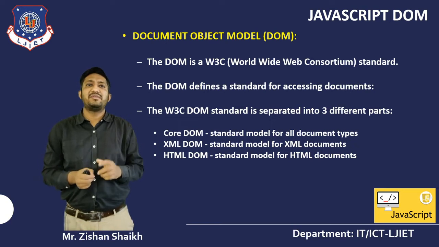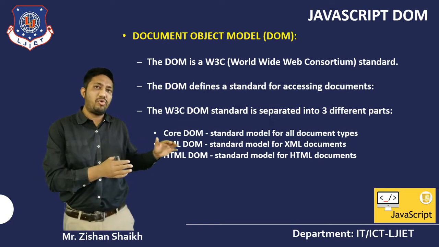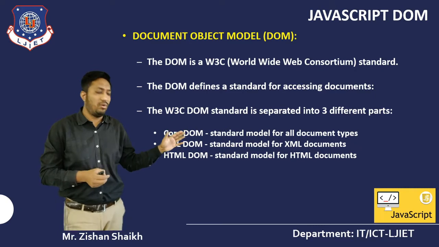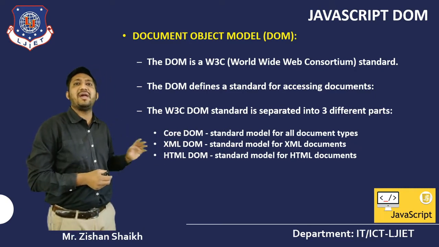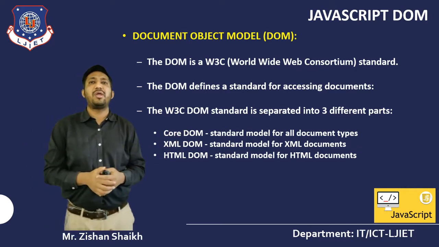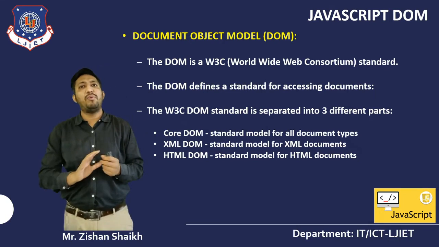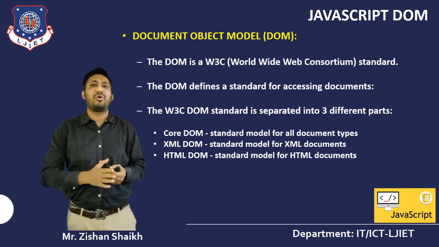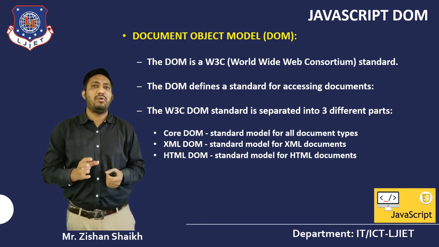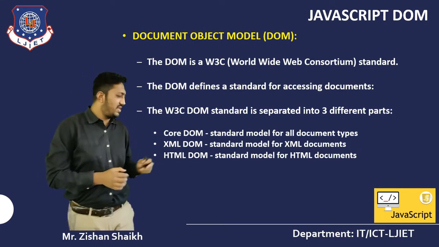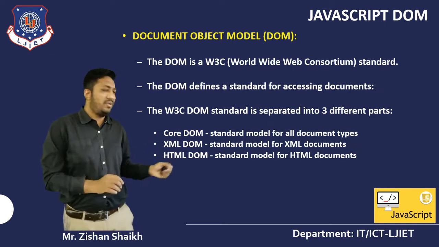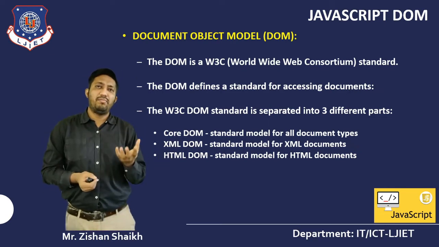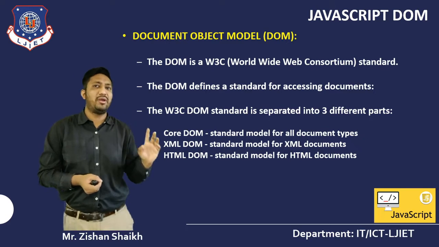The DOM standards are provided in three parts: core DOM, XML DOM and HTML DOM. The core DOM is common for all documents, any type of document supported by online web pages. Next is the XML DOM, which provides the standard model for XML documents only.